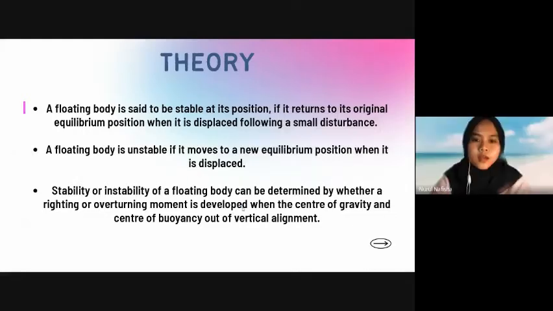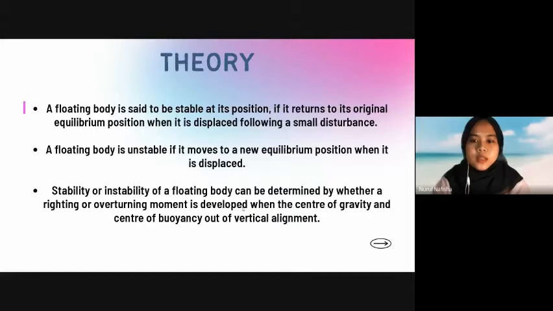Alright, so I am Nafisha and I am going to explain about the theory of this experiment. So firstly, a floating body is said to be stable if it returns to its original equilibrium position when it is displaced to a new position due to small disturbance such as waves.